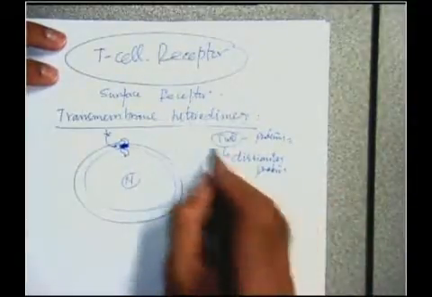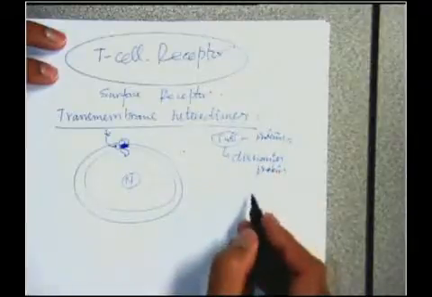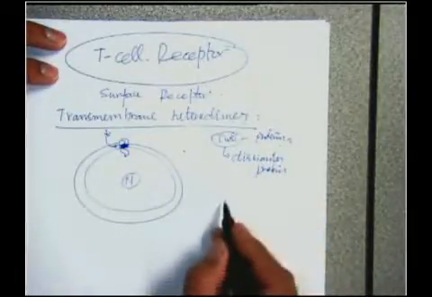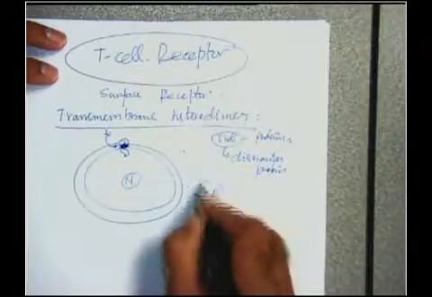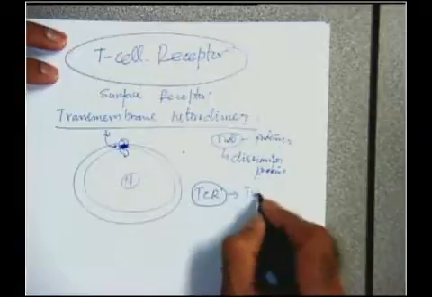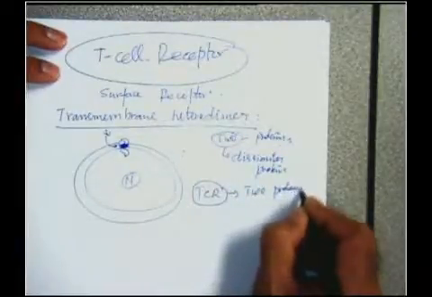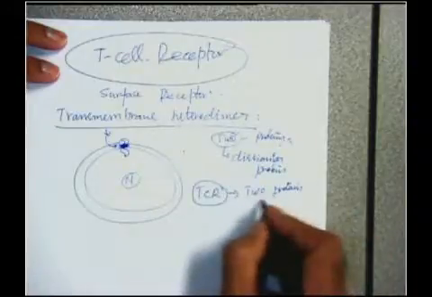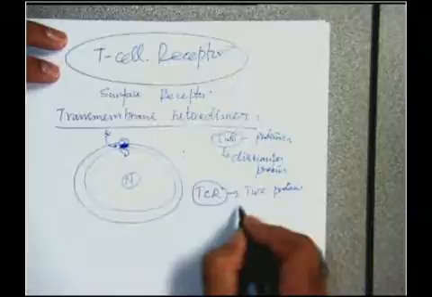But here it's not the same, it's a different type, so we call it a heterodimer. So whenever I say TCR or T cell receptor, it will have 2 proteins, and the 2 proteins are not similar, so they are different. So it is called a heterodimer.